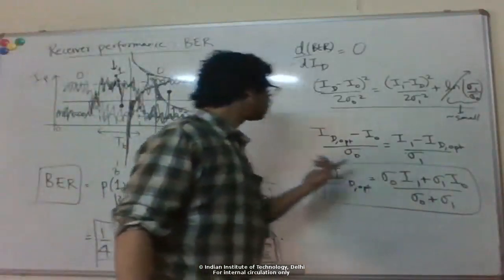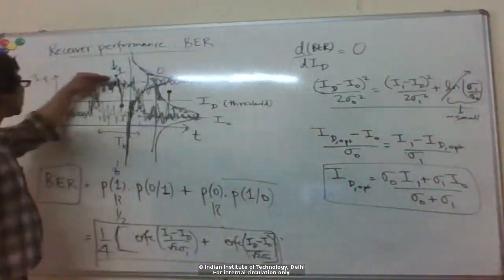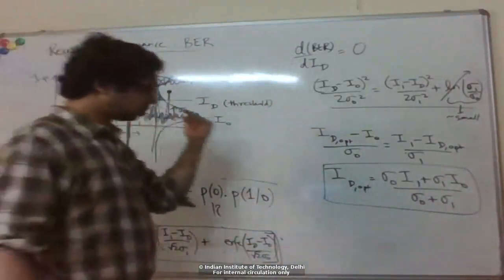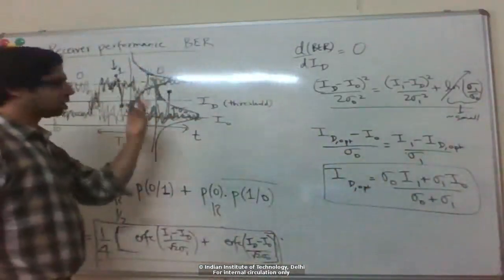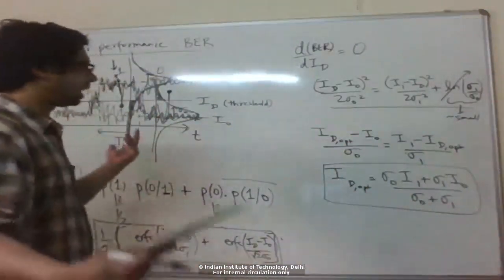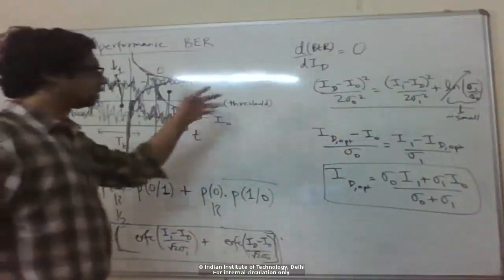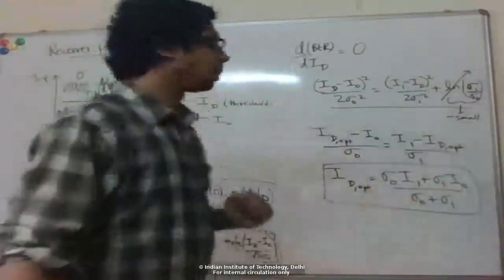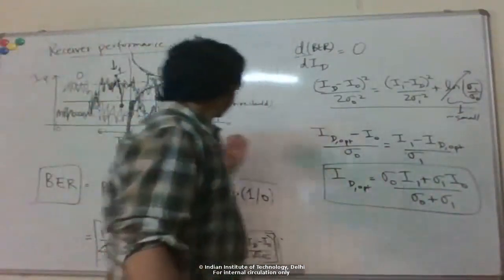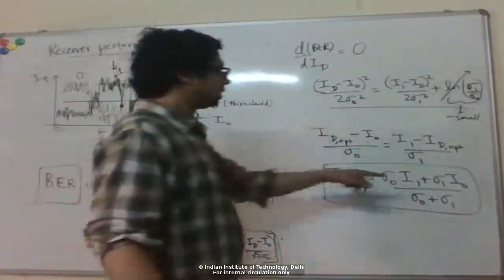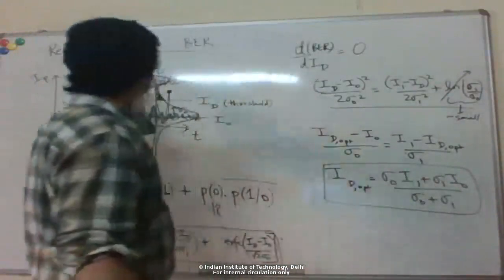I1 is just responsivity times the average power that I get for bit 1. I0 is some low value; for example for OOK, if we are not sending any power for bit 0, then I0 will just be, for example, the dark current. Sigma 0 will be just the thermal noise for bit 0. For sigma 1 it will be thermal noise plus shot noise.